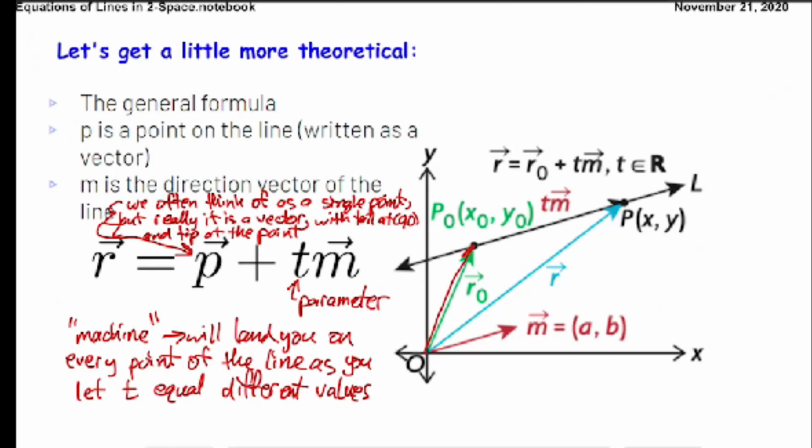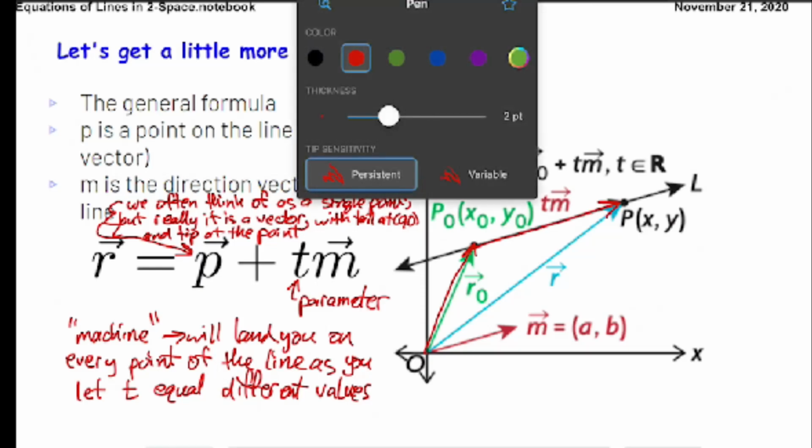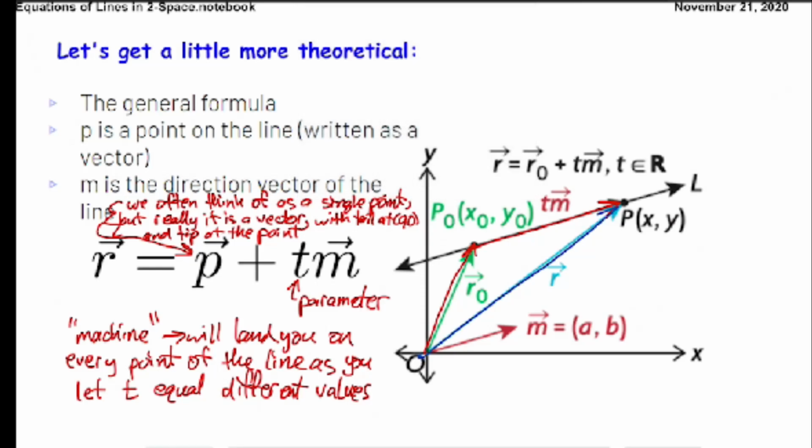Add my original vector and my new vector, and my resultant starts at the start and ends at the end right here. And if I change my t value, so let's see that again, R0, I get to some point on the line, that's fine. I change my t vector and I have a longer value there for this component right here, that's fine.